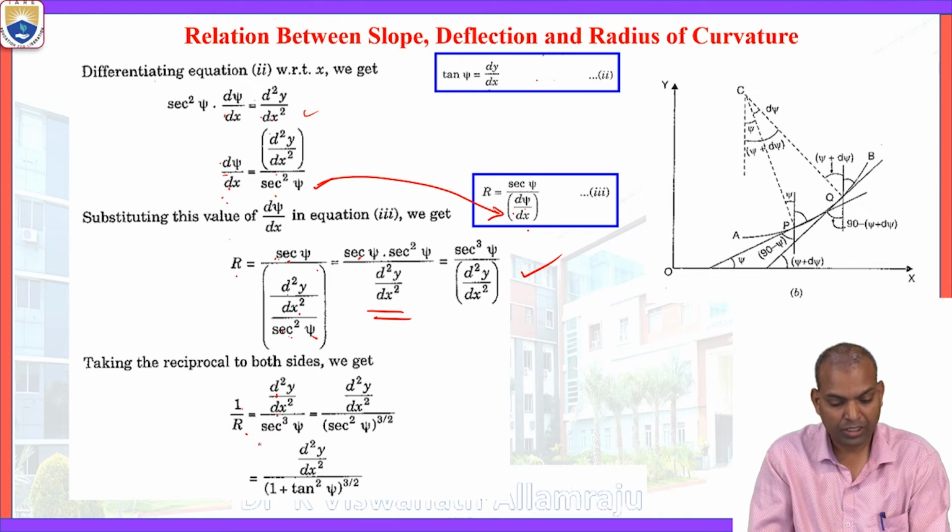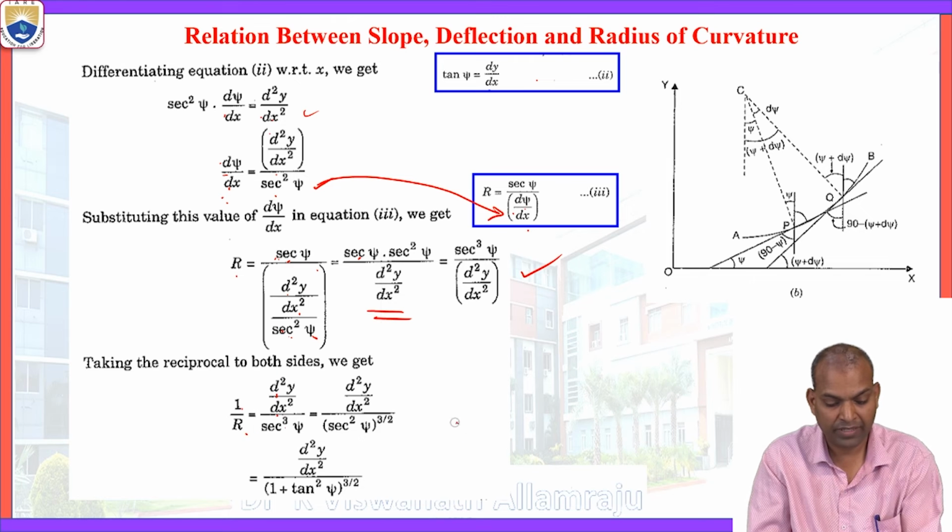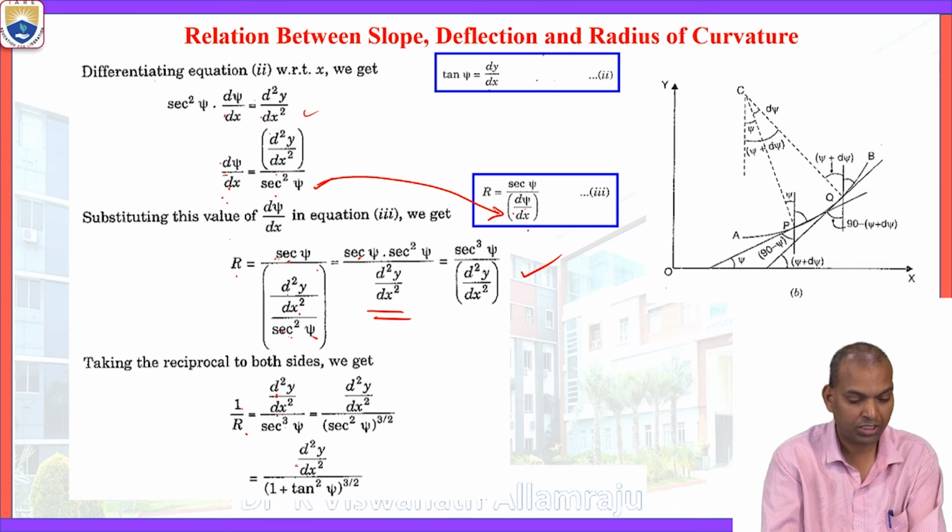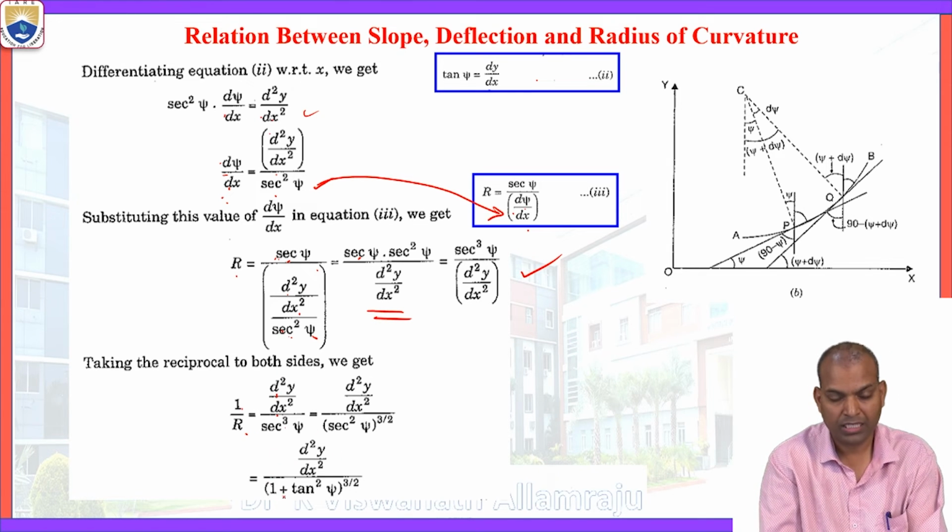Here, for simplification, we write secant cube psi as secant square psi to the power 3 by 2, so that we can substitute secant square psi with 1 plus tan square psi. So 1 by r equals d square y by dx square by 1 plus tan square psi to the power 3 by 2.